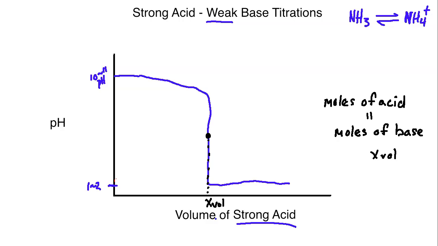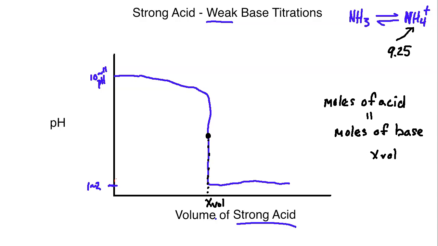Now, what we can do with the Henderson-Hasselbalch equation as we look at this sort of stuff is we can say, what is the pKa of the ammonium ion? And the pKa for ammonium, it turns out, is around 9.25.